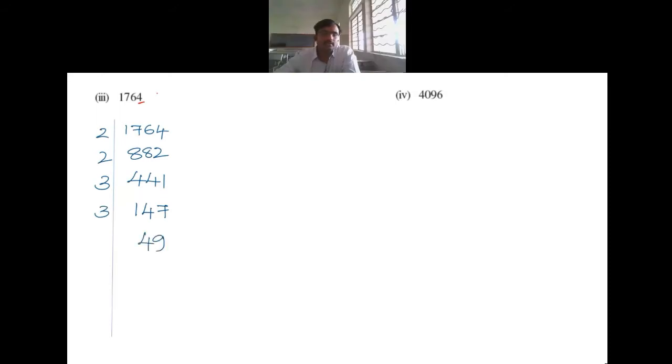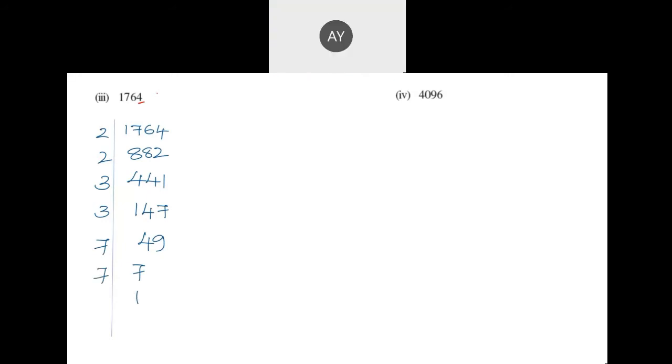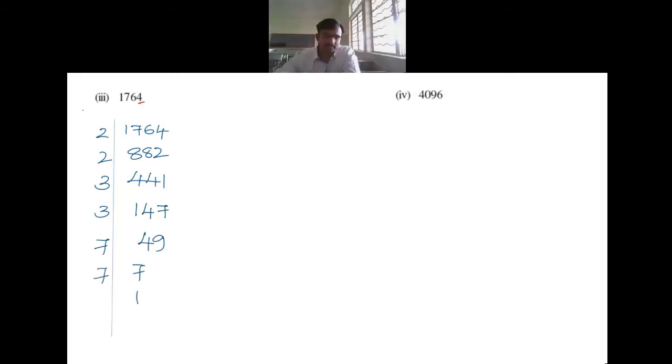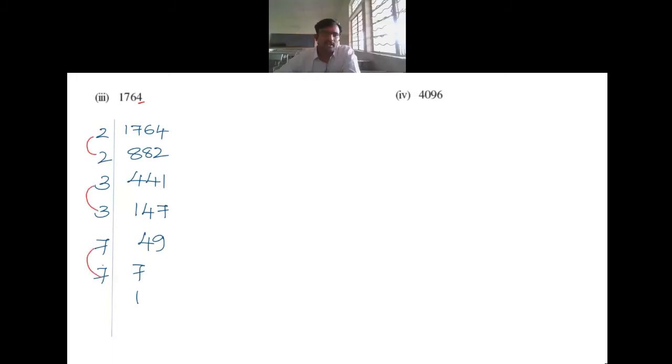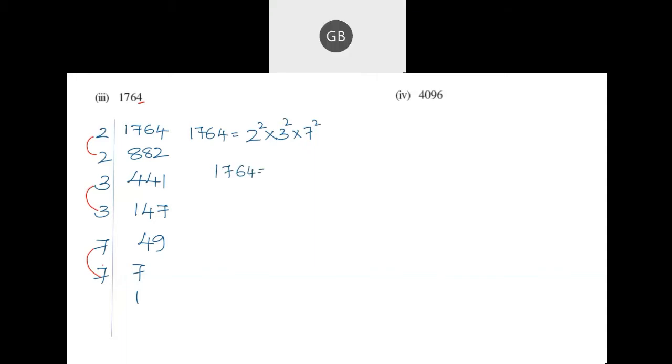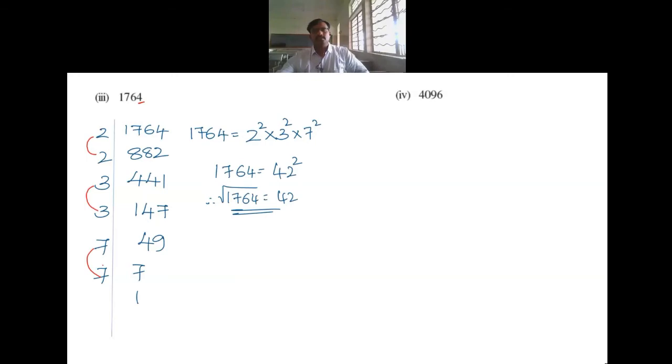So 49. Now 7 is divisible by 7, so 7 one time. Now if you look at the groups, it is 2 square into 3 square into 7 square. Therefore, if you multiply the bases, you get 42 square. Hence the root of 1764 is 42.